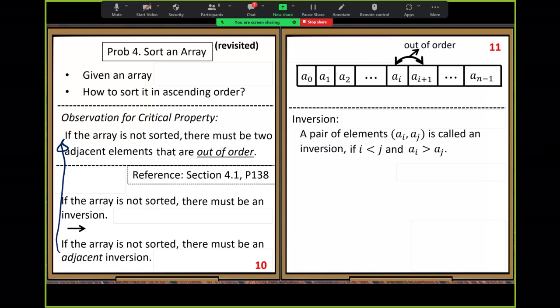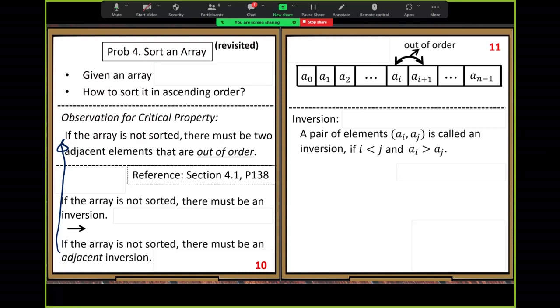Remember, adjacent, out of order. We just use different terminology. The previous one, we didn't use the inversion concept. The second one, after we introduce the inversion concept, we just use the inversion terminology in the statement.